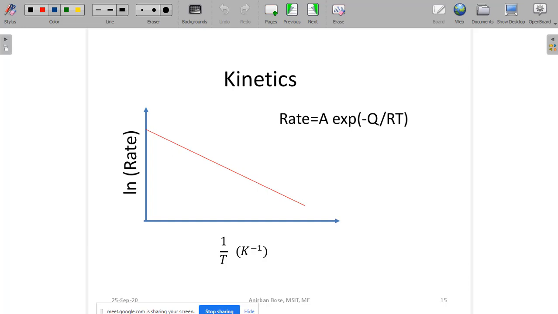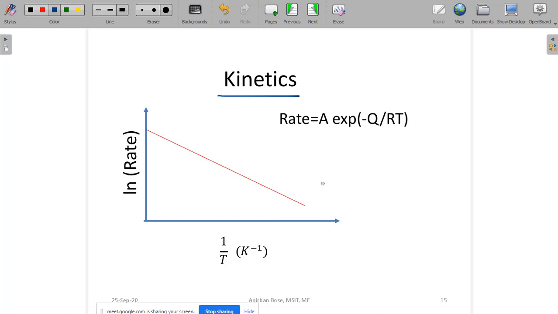Now coming to after equilibrium, let us see kinetics quickly. We have 2 or 3 more slides. We are almost at the end of this session. In kinetics, we'll see the very common Arrhenius plot.